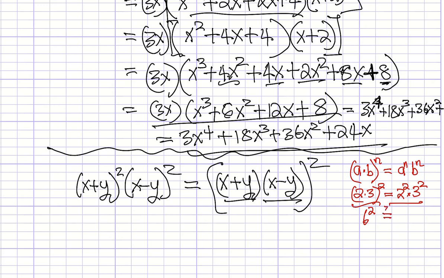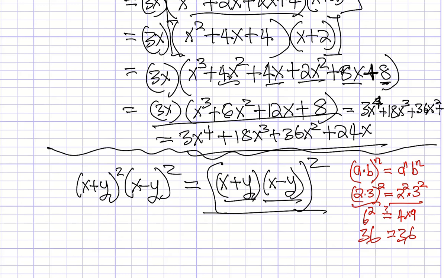Is it equal to 4 times 9? 6 raised to power 2 is 6 times 6, which is 36, right? What is 4 times 9? 4 times 9 is 36. So, see, my memory is good. So, if that's the case, then we can write that like that.